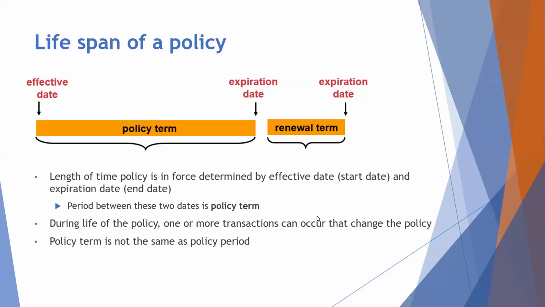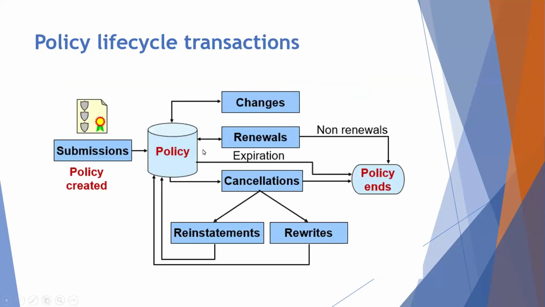That is the major reason we go for insurance. So your policy must be active in order to raise a claim. If your policy is expired, then you cannot raise the claim. That is called the renewal transaction. If you want to continue your policy for another year, another term, then you have to renew the policy. If you do not renew, your policy will expire, and that is when the policy will end.